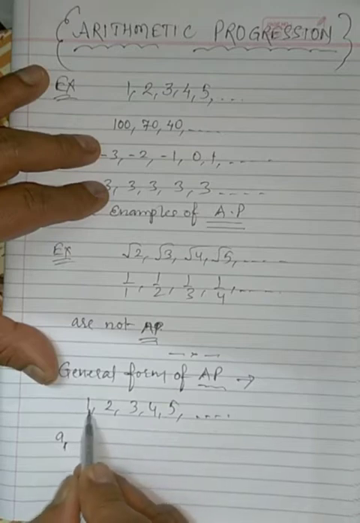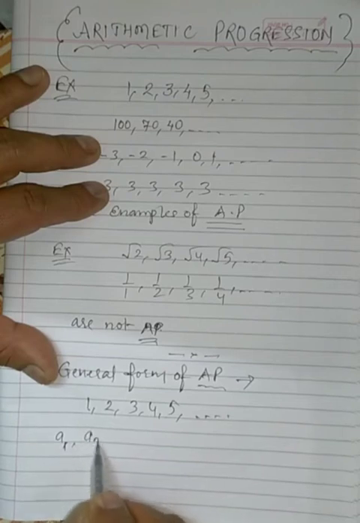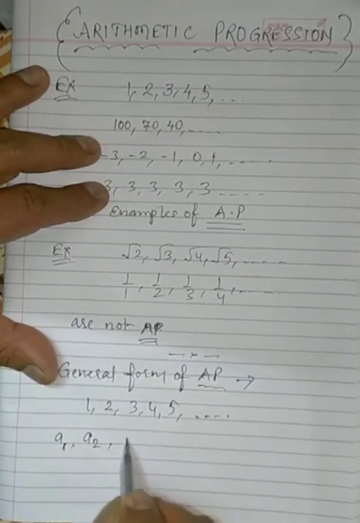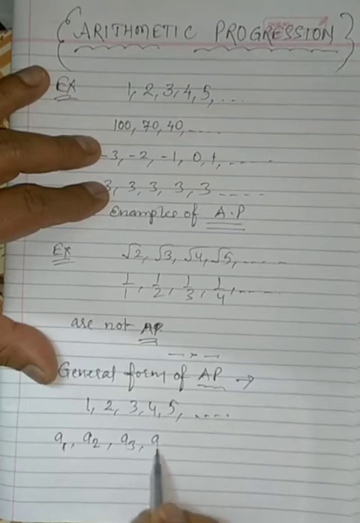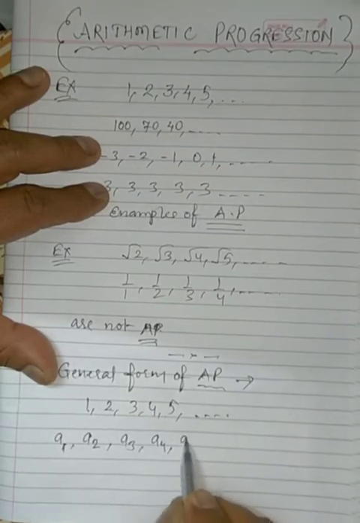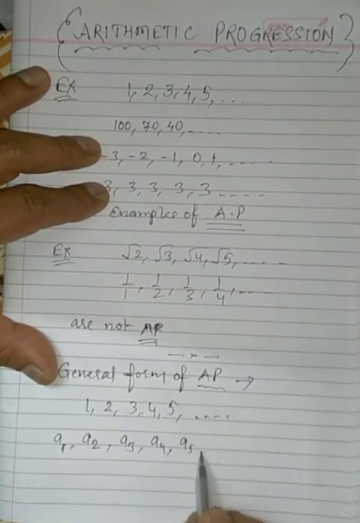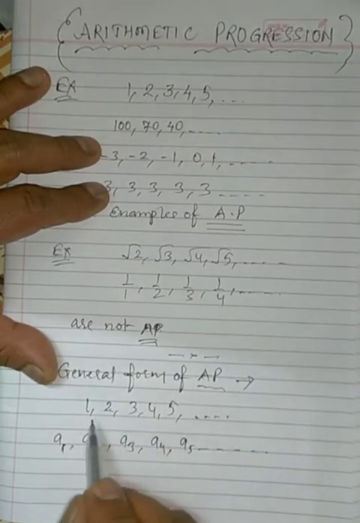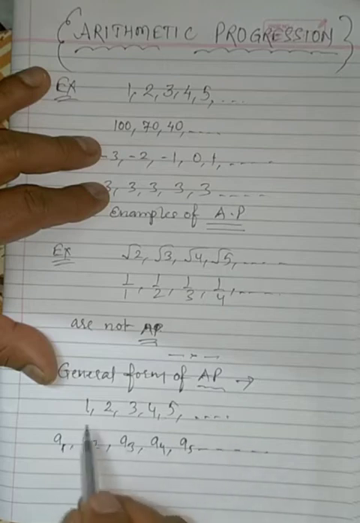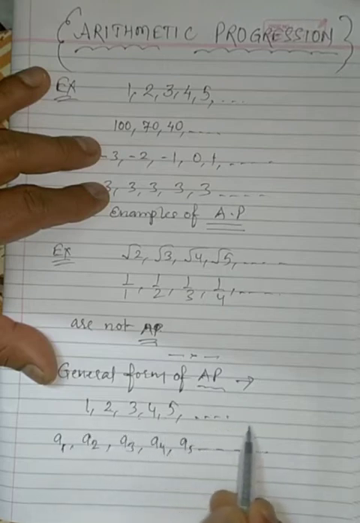Here A1, it is the first term. A2, second term. A3, third term. A4, fourth term. A5, fifth term. And so on. And these dots represent that this sequence of numbers is increasing till infinite.